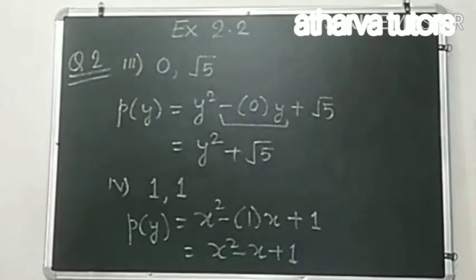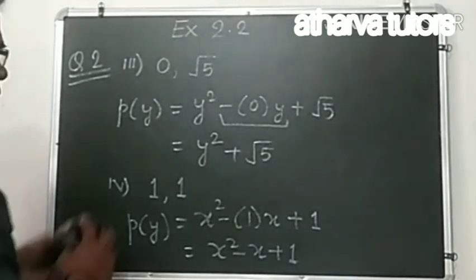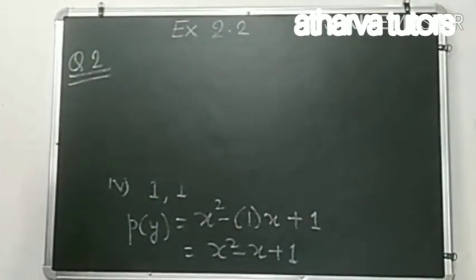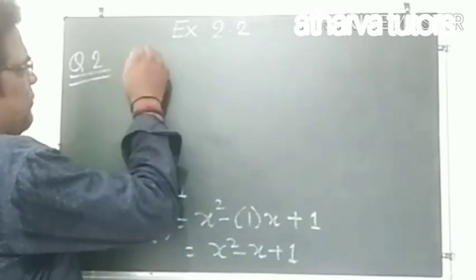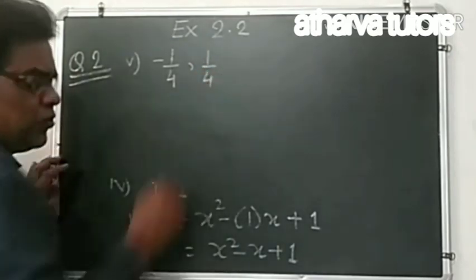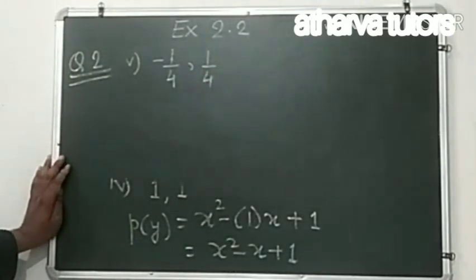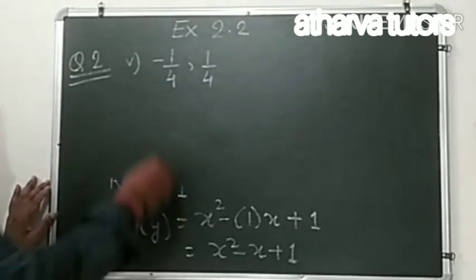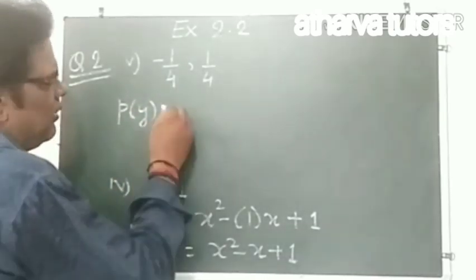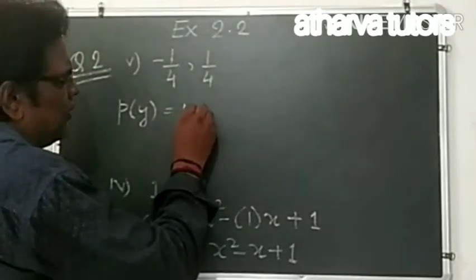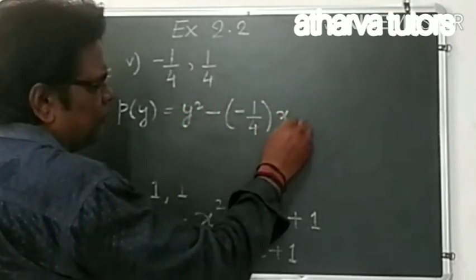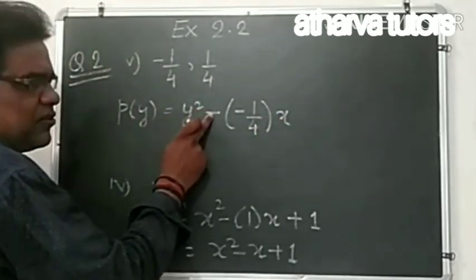So the next question, the fifth one. In the fifth question the sum is minus 1 upon 4 and the product is 1 upon 4. You can take any variable, say y. So y square minus of minus 1 upon 4 y plus 1 upon 4, because the sum is given to be minus and minus is already there in the formula.